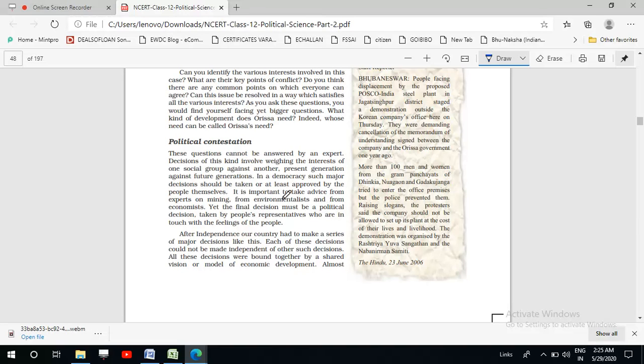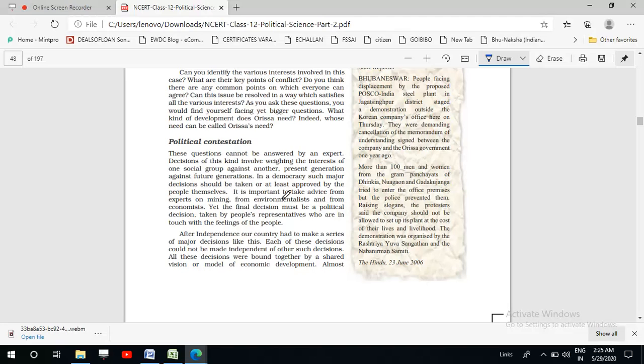This decision of development can prove detrimental for the existence of future generations. So these are the major concerns which must be there whenever a final decision regarding development is going to be made.